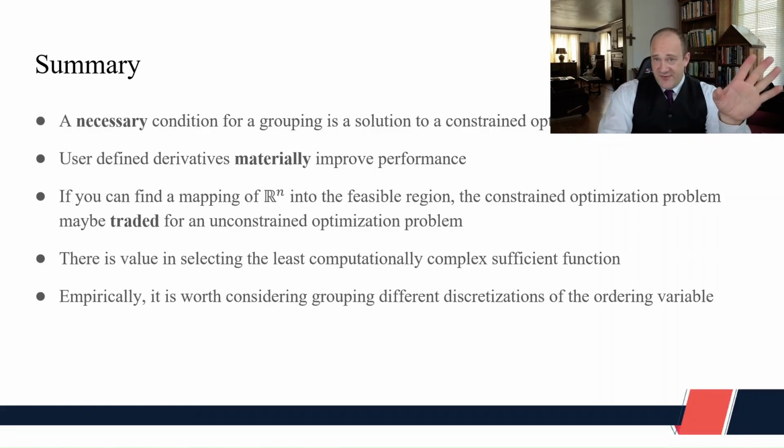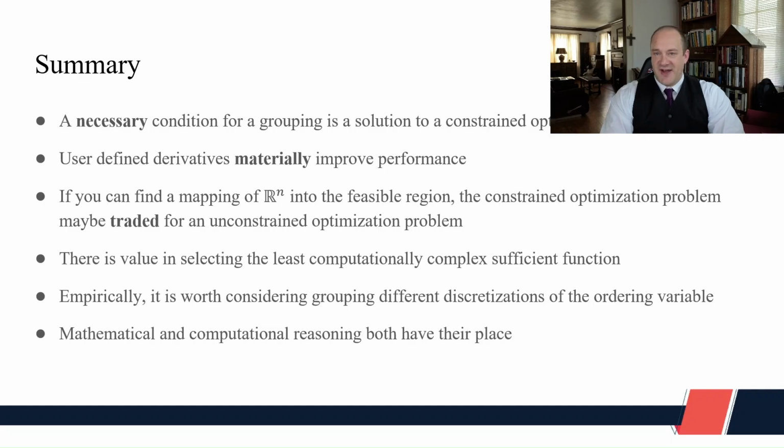Moreover, if your target variable has a high variance empirically, it's been my experience, it is worth considering grouping different discretizations of your ordering variable. And finally, and this is of course the overarching theme of this, I hope it's clear that both mathematical and computational reasoning both have their place.